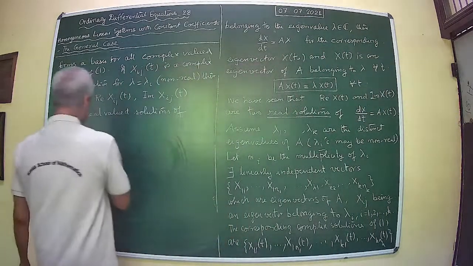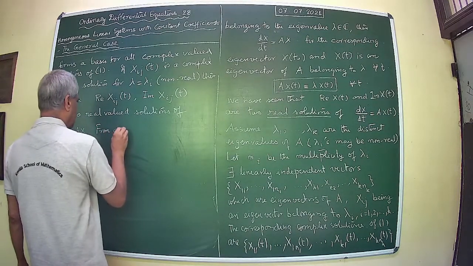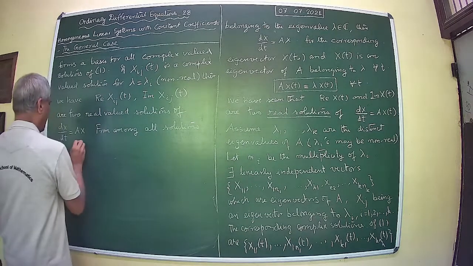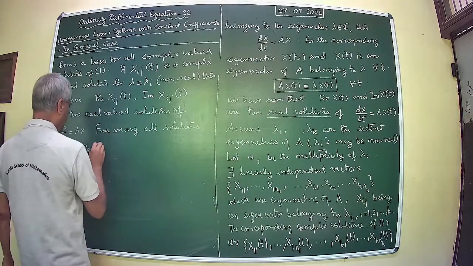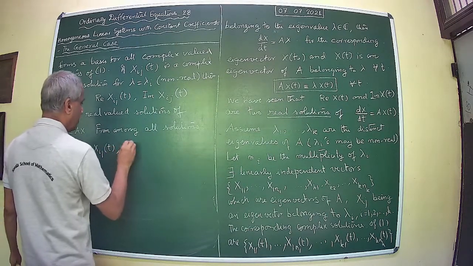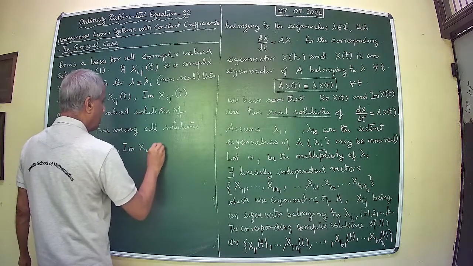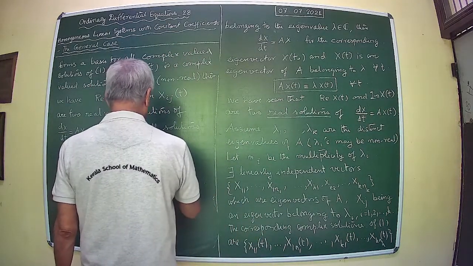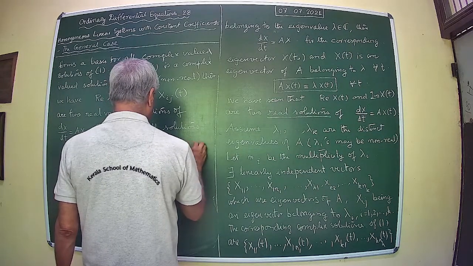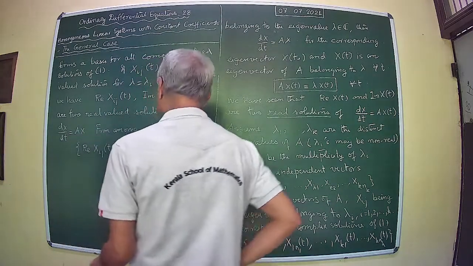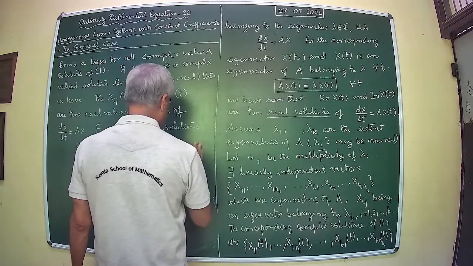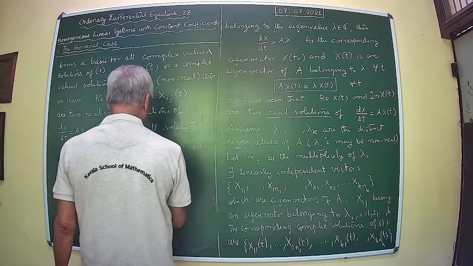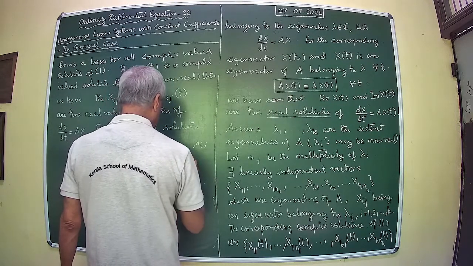So from among all solutions, with I equal to 1 to k, j equal to, I equal to k.